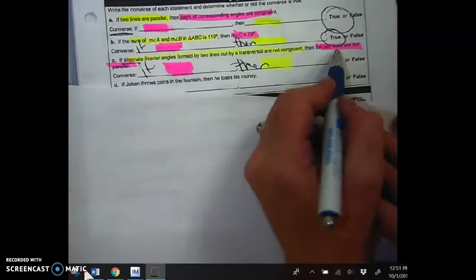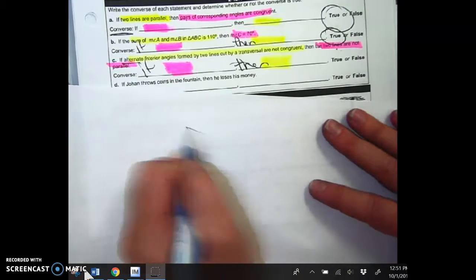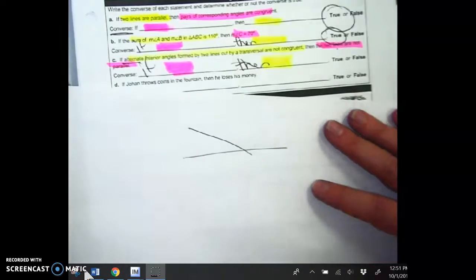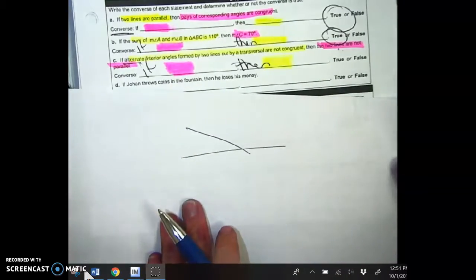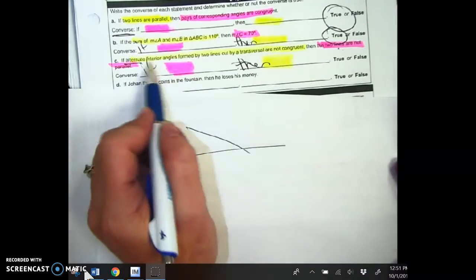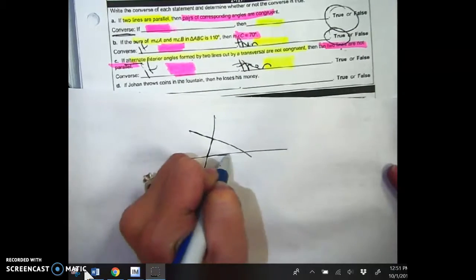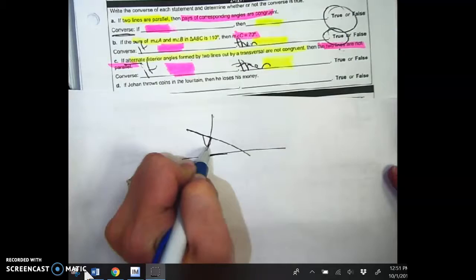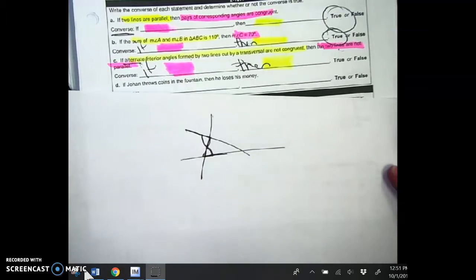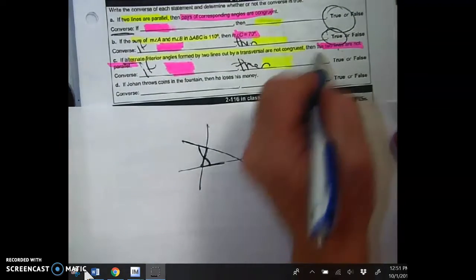If two lines are not parallel, so one goes like this and one goes like that, awesome. Then the alternate interior angles formed by the two lines are not congruent. Well, yeah, because if I drew another line here and I did alternate interior, I mean, look at that. That just looks so wonky. That does not look like it's the same thing. So that would also be true.